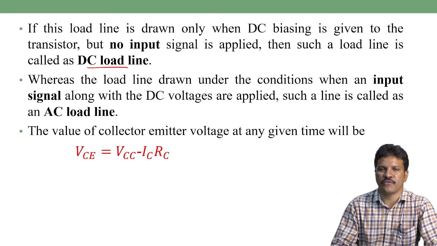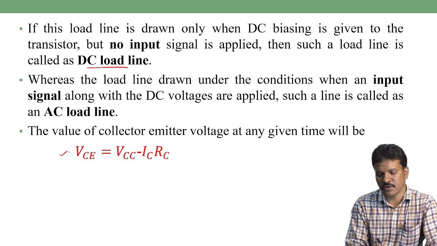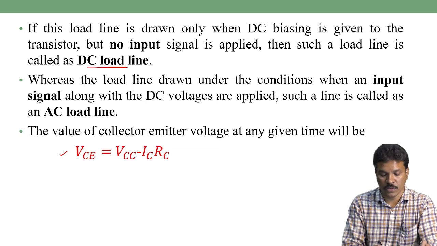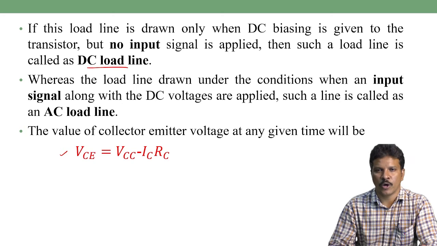we can apply Kirchhoff's voltage law to the output loop, and from that equation the transistor voltage between collector and emitter is VCE equal to VCC minus IC RC. This equation is derived from Kirchhoff's voltage law applied to the output.